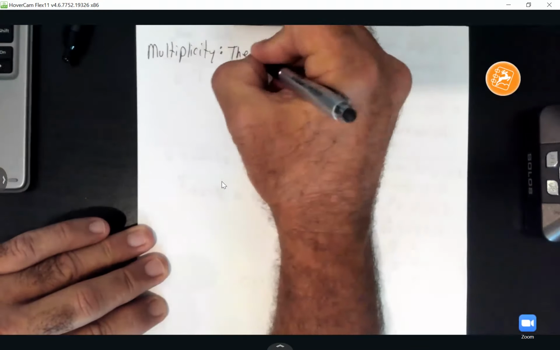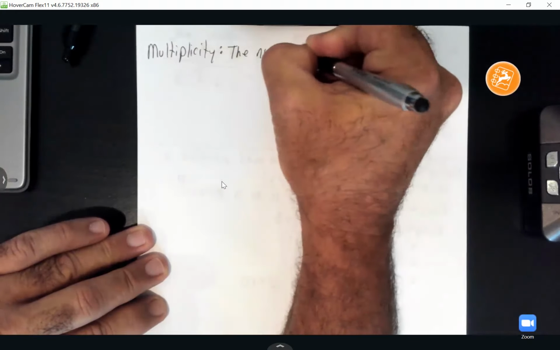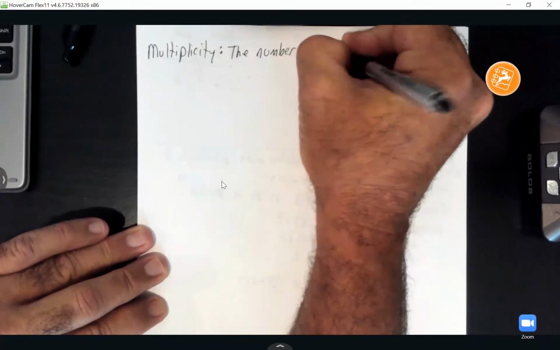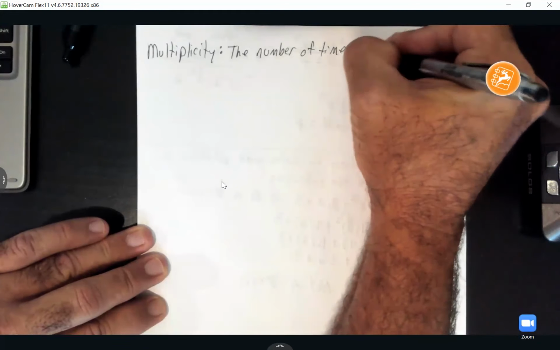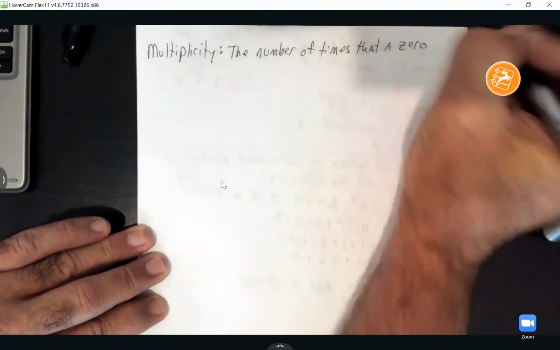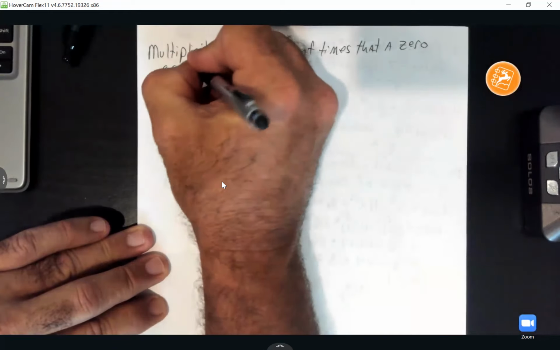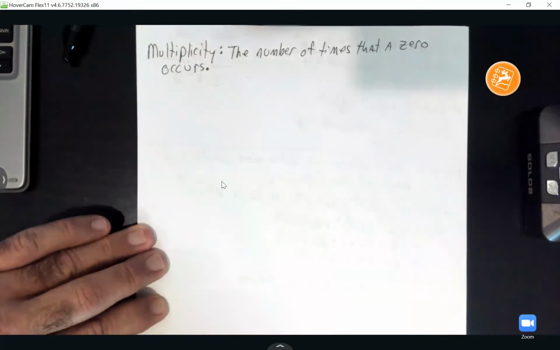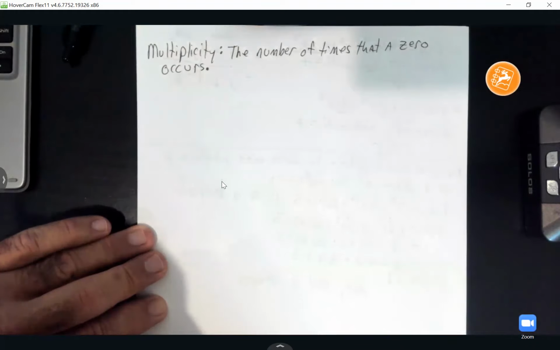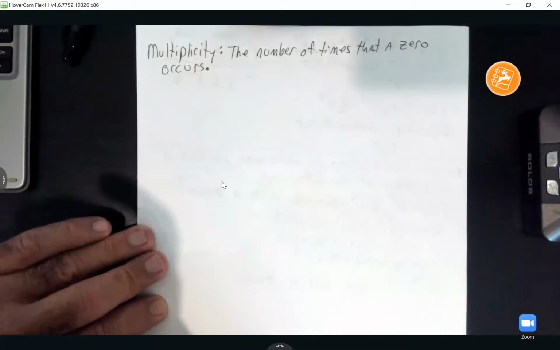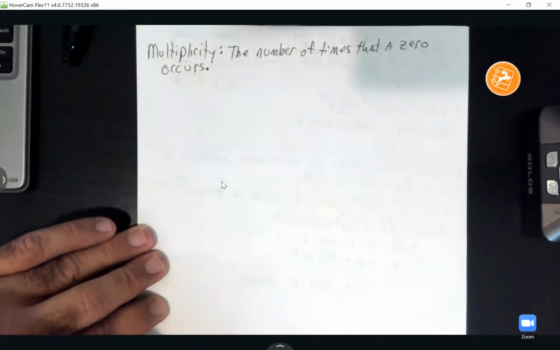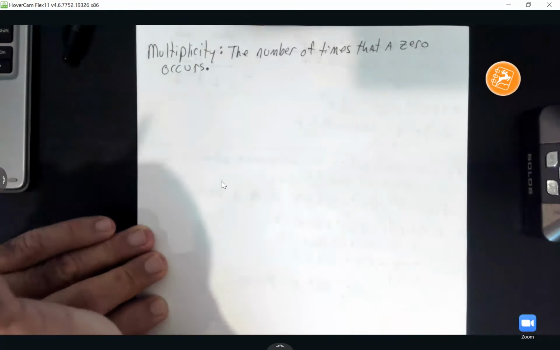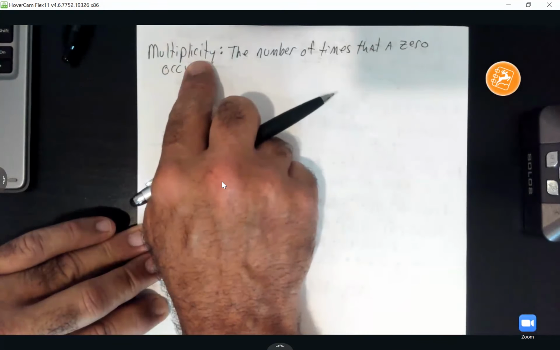So it is the number of times that a 0 occurs. Now, multiplicities are usually equal to exponents, okay? So let's play with a problem here and deal with some multiplicities.